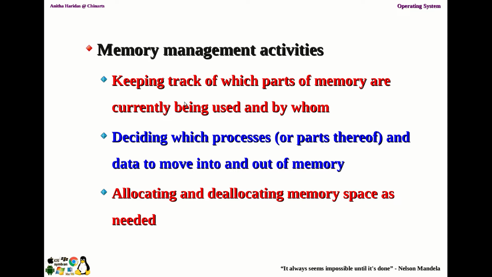All these things will be kept track of. Keeping track of which part of the primary memory is currently being used and who is using that particular part of the memory. And not only that, deciding which processes and data to move into and out of the memory, right?